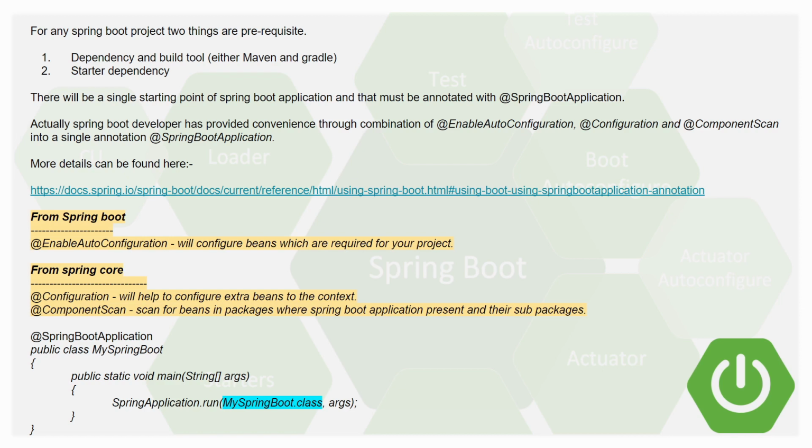In the same class, there will be a main method, and from that main method, you have to make a call to your class using the run method of SpringApplication. So if you see SpringApplication.run, the same class which is annotated with @SpringBootApplication is there along with arguments. So yeah, this is the starting point of your Spring Boot application.